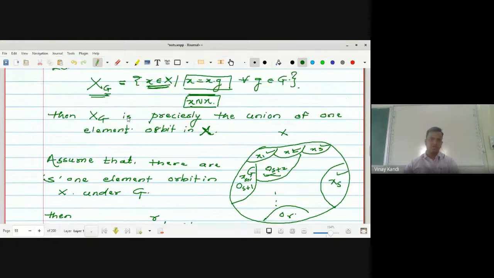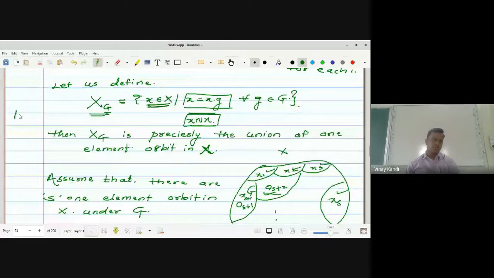Okay, so what is the order of this one? Order of Xg. This is the union of one element orbits in X. That means order of Xg is equal to S. Correct? त्यांचा कलेक्शन घेतल्यानंतरच मला Xg मिळतोय. Okay, this one, this one, this one up to XS. So these are the S elements and the union of these S elements is nothing but my Xg.